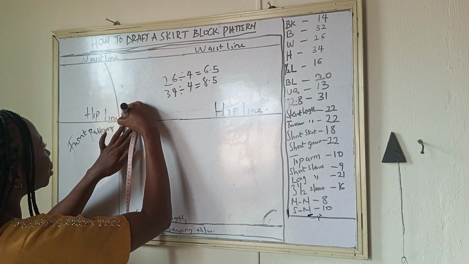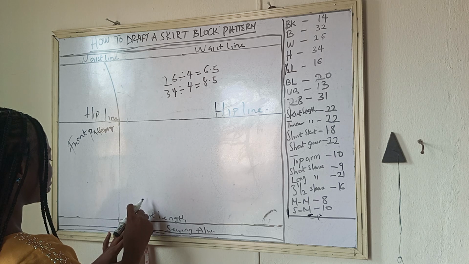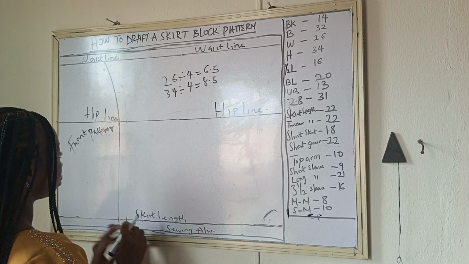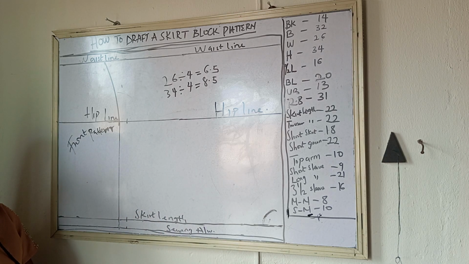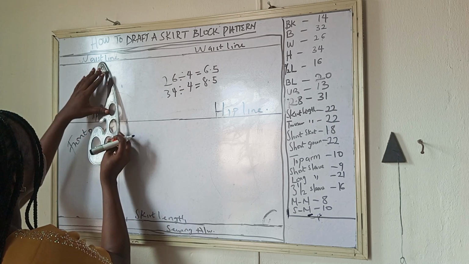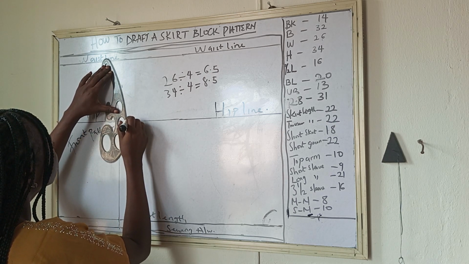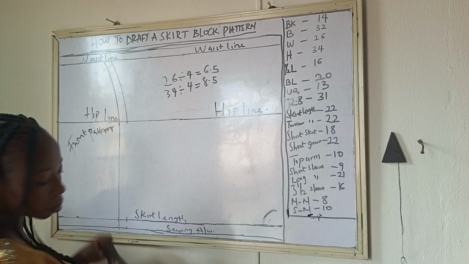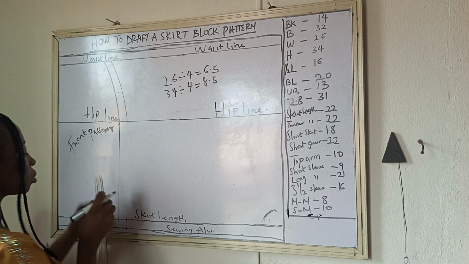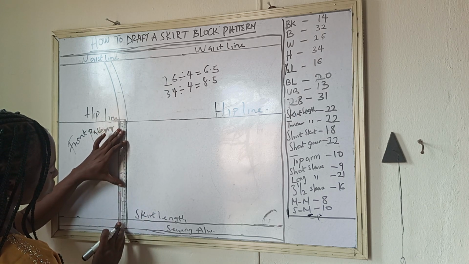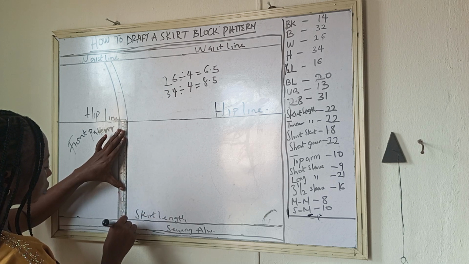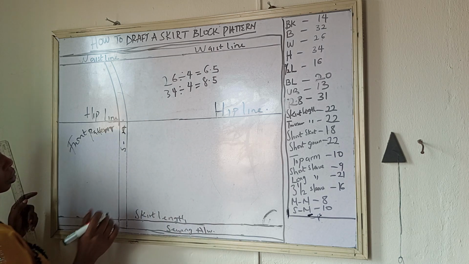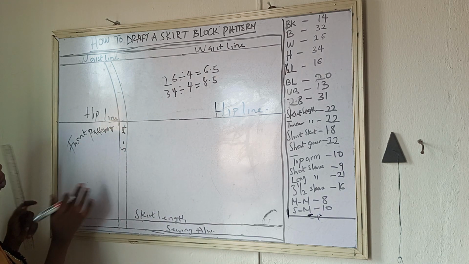I'm going to be adding 1 inch all the way. So this is my sewing allowance. Here we have our front pattern.